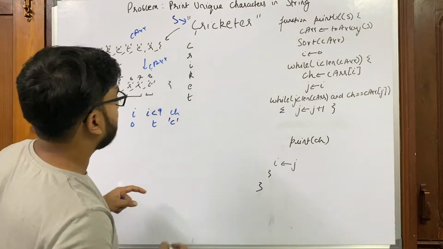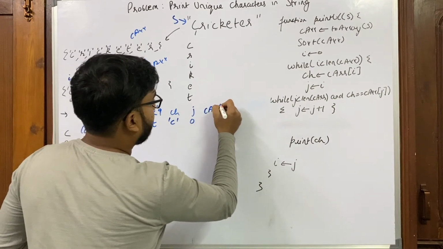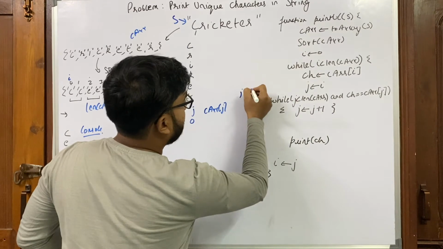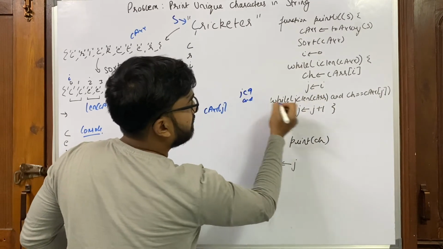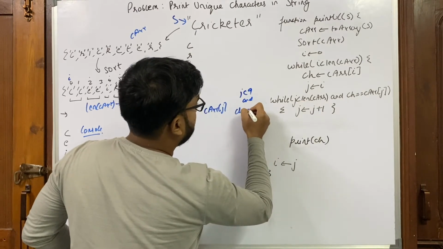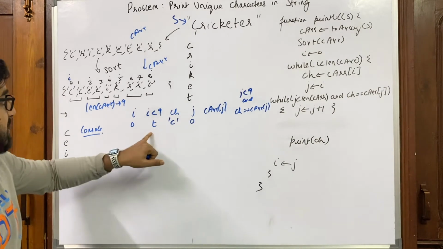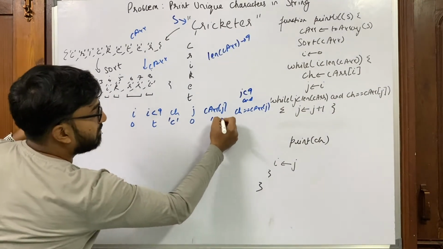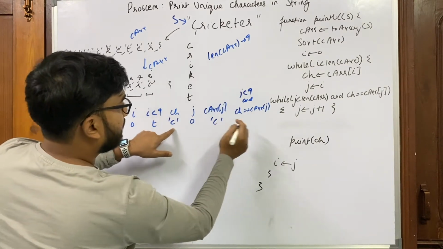You set J to I, which is 0, and you find CARR of J. Then you have this condition: J is less than 9, the length of CARR is 9, and ch is equal to CARR of J. So CARR of J is C. J is less than 9 is true, and ch equal to CARR of J is true.